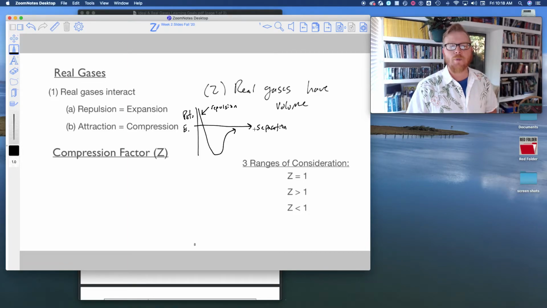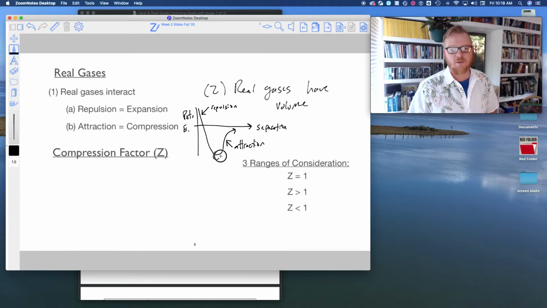But now, if they're too far separated, maybe somewhere out here, okay, the potential energy is going to want to drive them to actually compress, to attract each other. So that side of the curve is attraction.